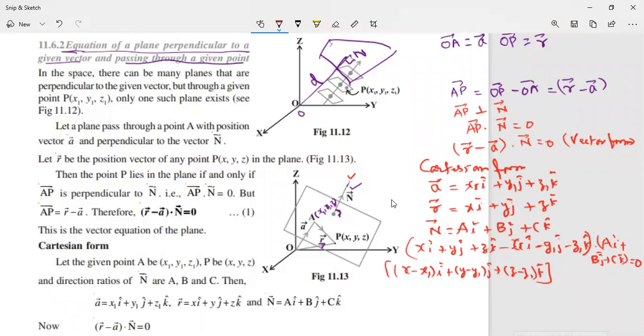This is having dot product with A i plus B j plus C k equal to 0. You know how to do the dot product: corresponding elements will be multiplied. So A into (x minus x1) plus B into (y minus y1) plus C into (z minus z1) is equal to 0.